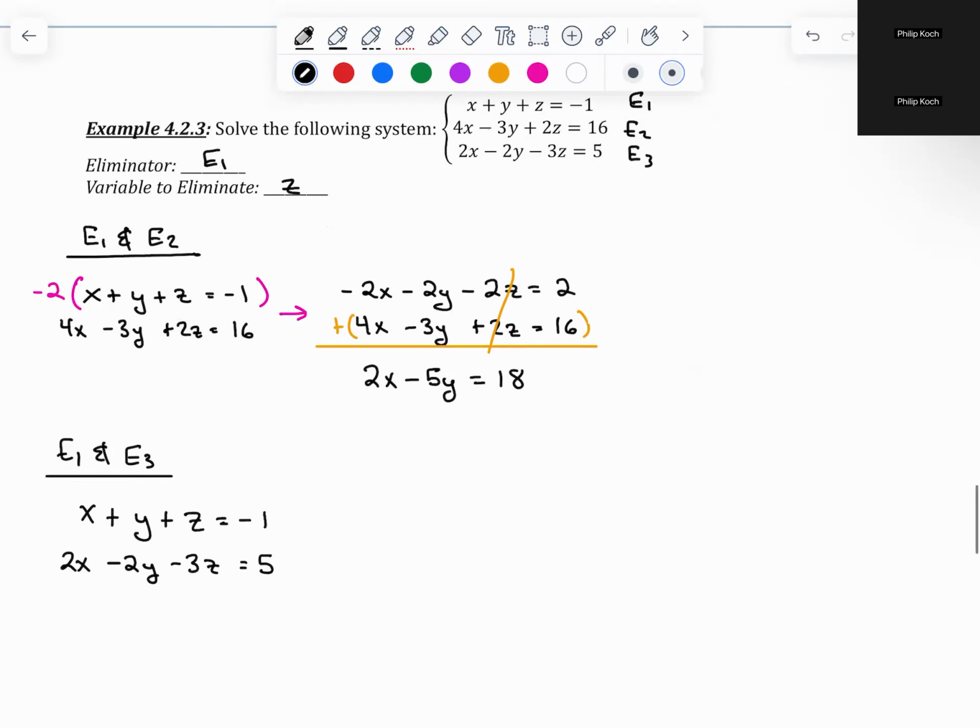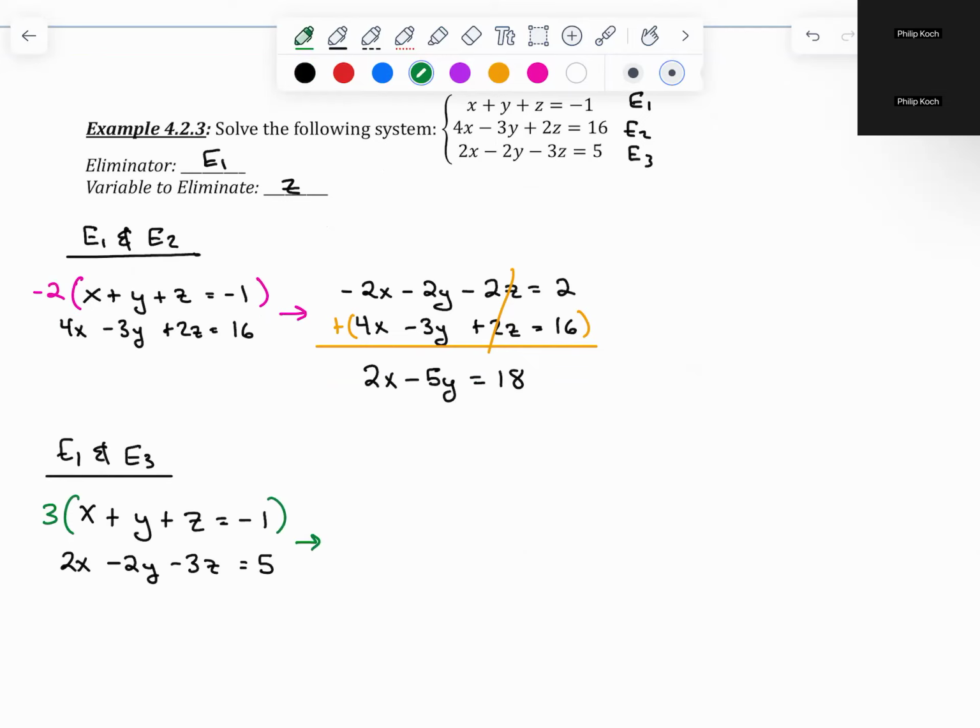This time, they already have opposite signs, the z term, because that's what we're eliminating. We're eliminating the same variable from each equation. But this time they have opposite signs, so I just need to multiply the top equation by 3. Yes. I heard someone say it, and that's good enough for me.